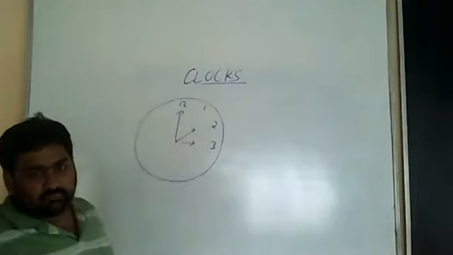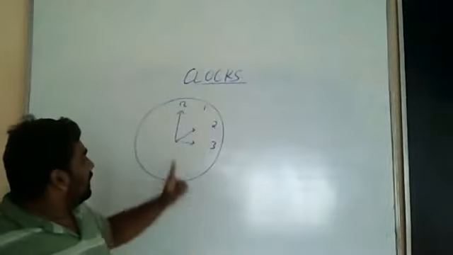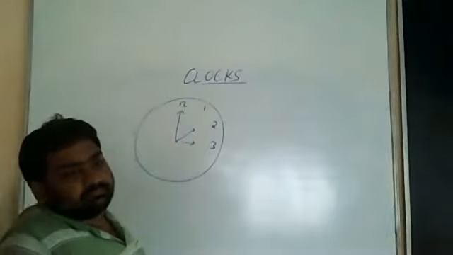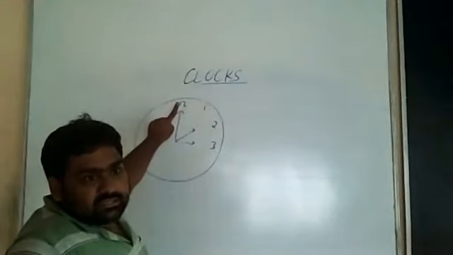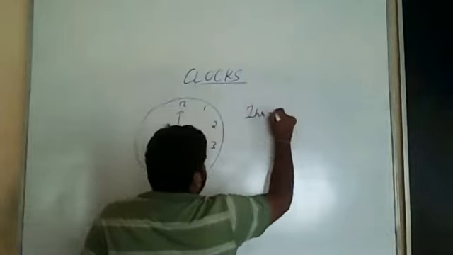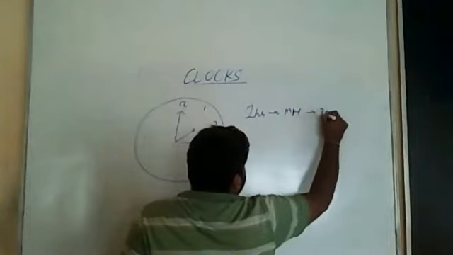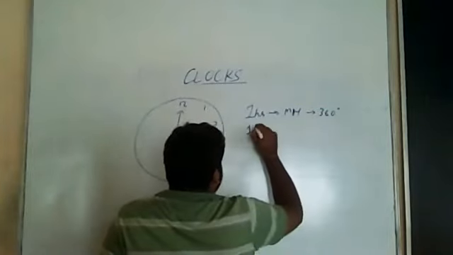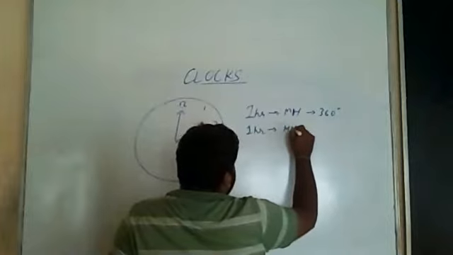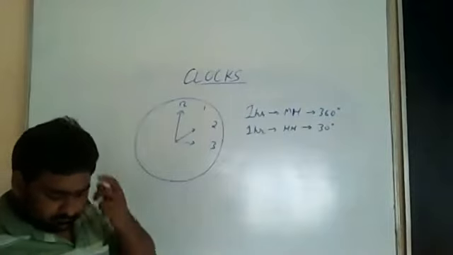So it has covered 30 degrees. In the same 1 hour, the minute hand has covered how much? 360, because it started from here and went back to the same position. So in 1 hour, the minute hand makes 360 degrees. In the same 1 hour, the hour hand makes 30 degrees.